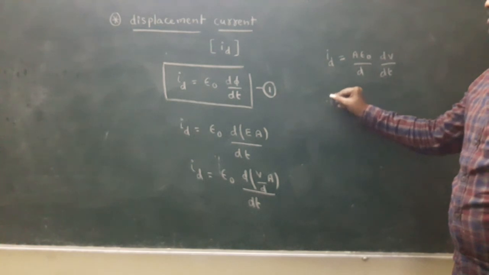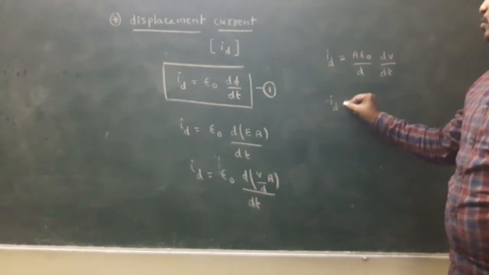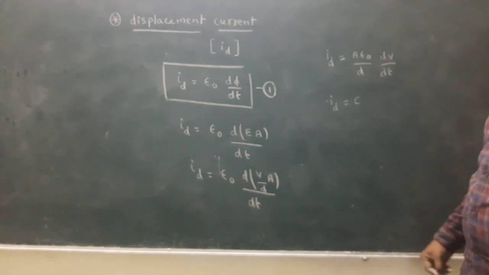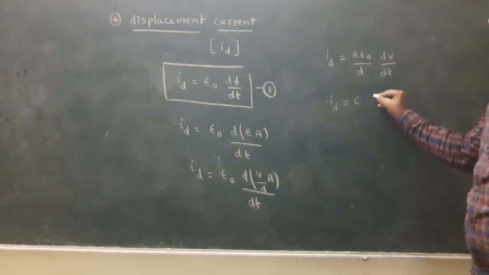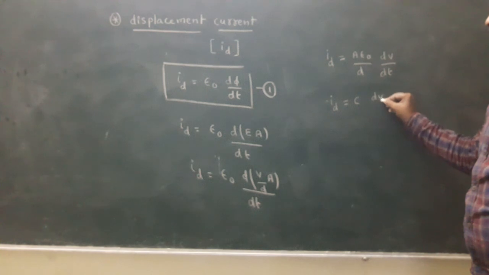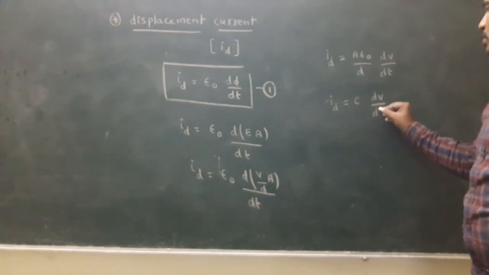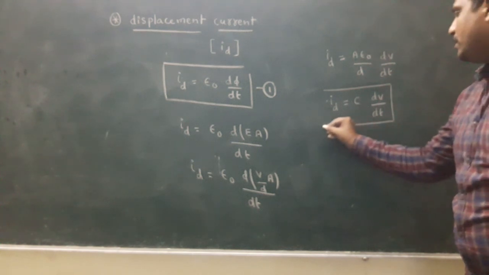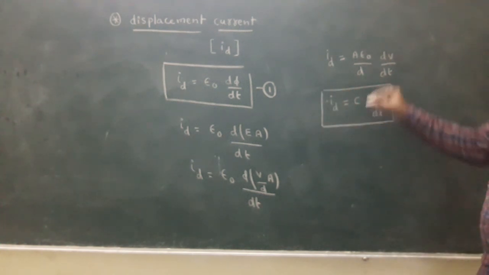Writing epsilon naught A by d as C, I_D equals C into dV by dt. Simply, this is the formula for displacement current.